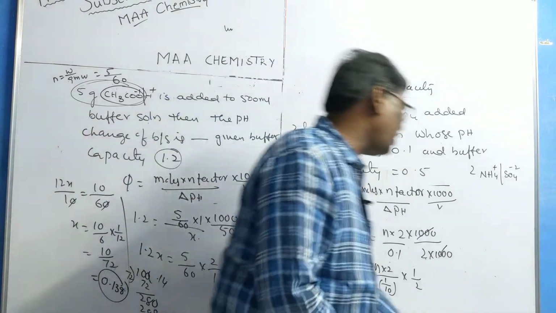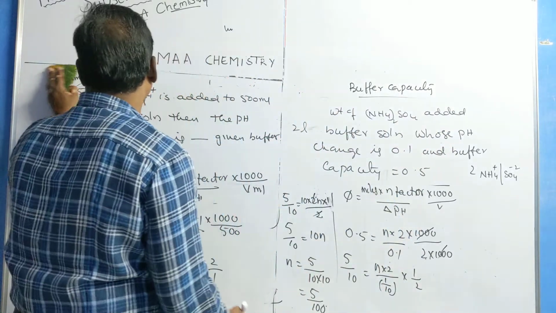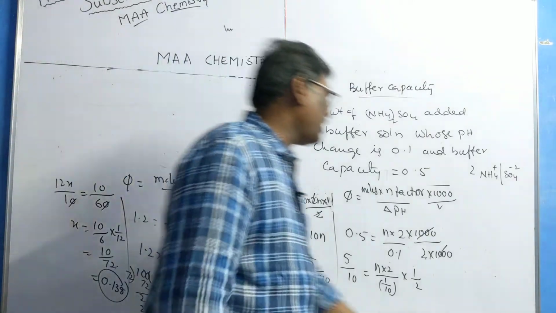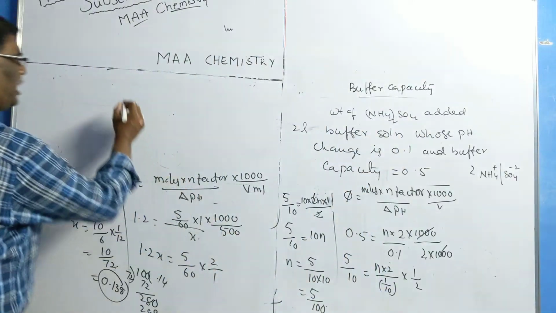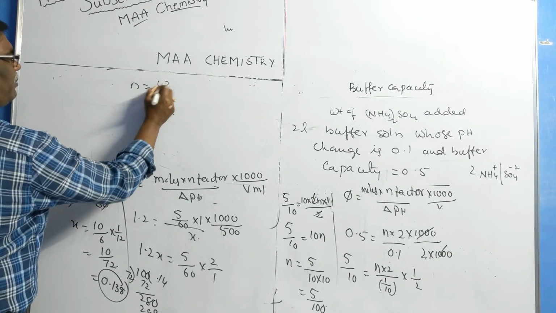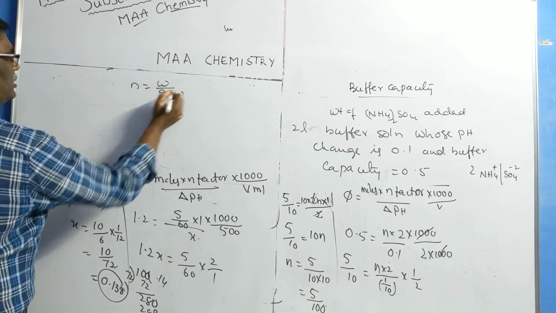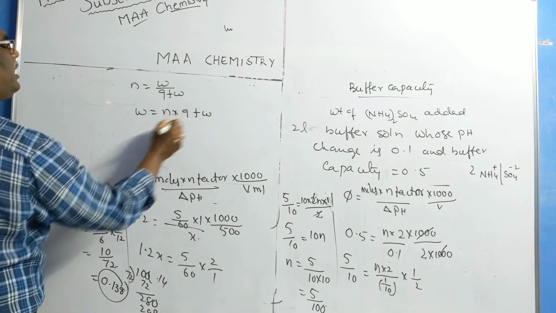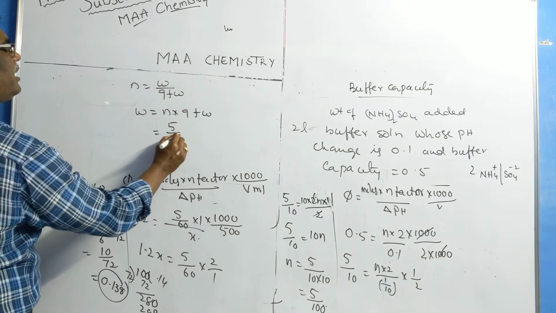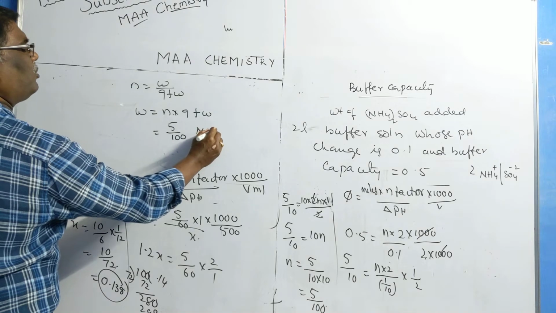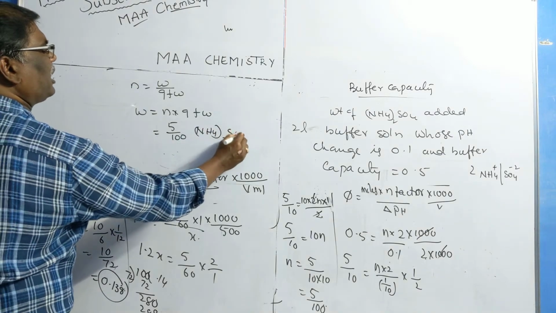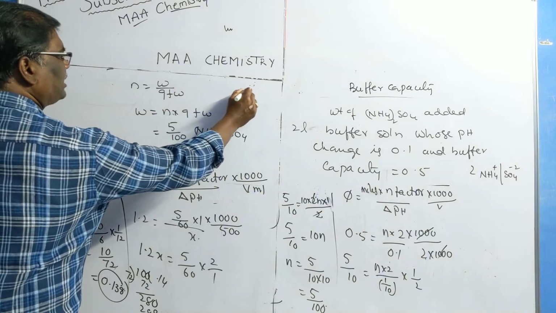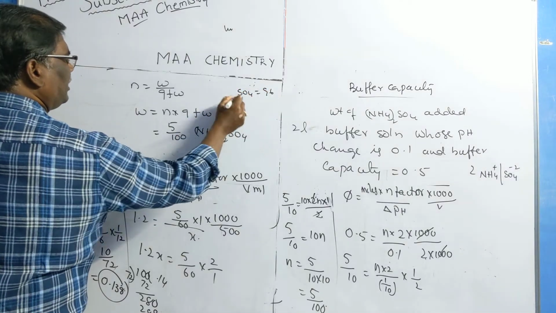But you are asked the weight of ammonium sulfate. What is the formula for weight with respect to moles? Moles equal weight by gram formula weight, so weight is equal to n into gram formula weight. n is 5 by 100. For ammonium sulfate, you calculate the gram formula weight. Sulfate is overall 96.